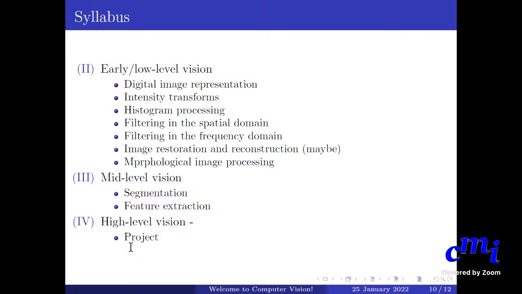At least I'm hoping we can talk about pattern classification methods, if not deep learning. But even then, what I would like you to do is work on a project that will involve high level vision. This is why I require you to have done machine learning before, because any project involving high level vision will require some CNN.